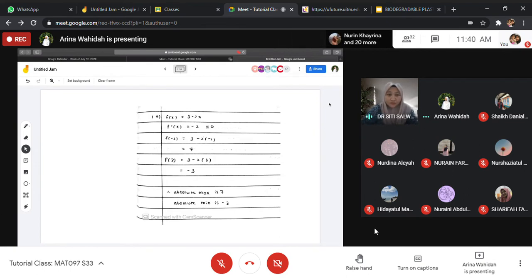So you just ambil you punya interval. Okay, A kita -2. Okay, B is 3 kan. You punya close interval. Kat situ -2 and 3 kan. Okay, yang ni simple je lah. So the absolute maximum is 7 and then absolute minimum is -3.